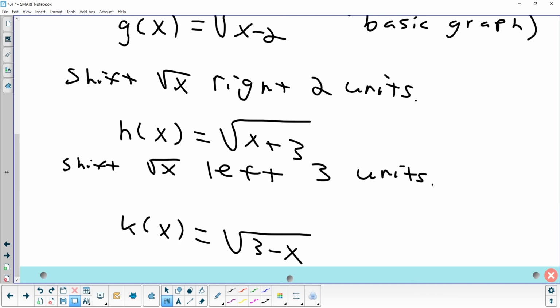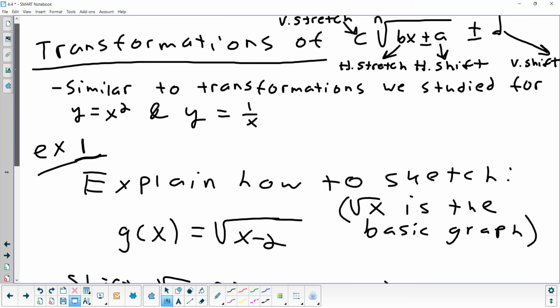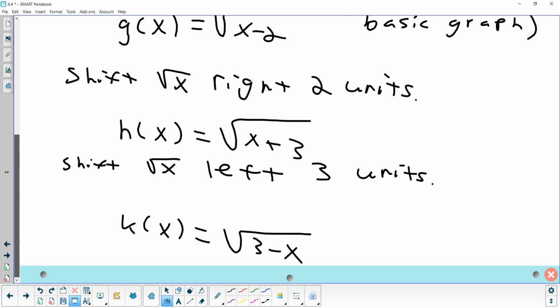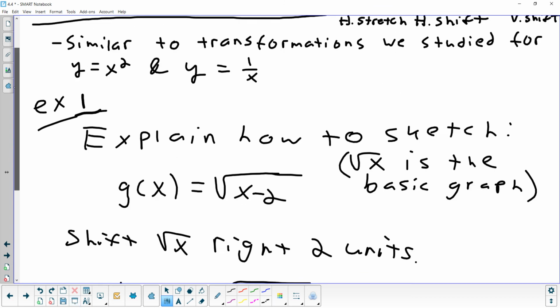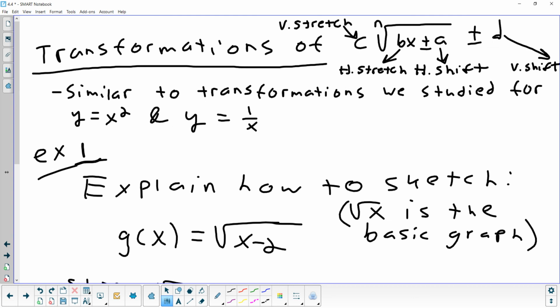Now, what's kind of strange about k of x? What looks different about that one? Compared to the other two and compared to how I wrote it with the A, the B, the C, and the D. Yeah? In a different order. It's in a different order. We should always put it in this order when you're trying to figure out transformations.